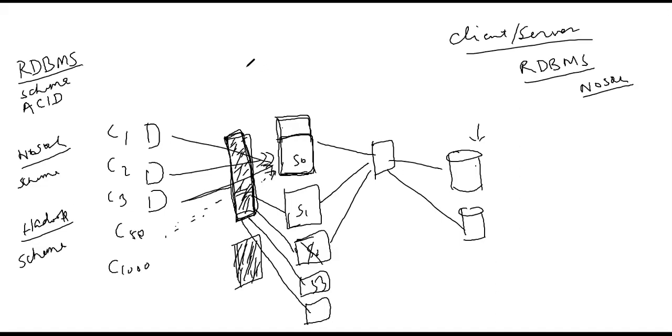You can make it serializable, so it will feel almost sequential from the client's perspective, but it may not be. And durable means it's permanent. That's the core thing in RDBMS.